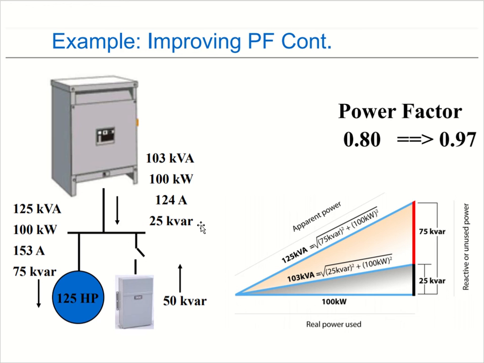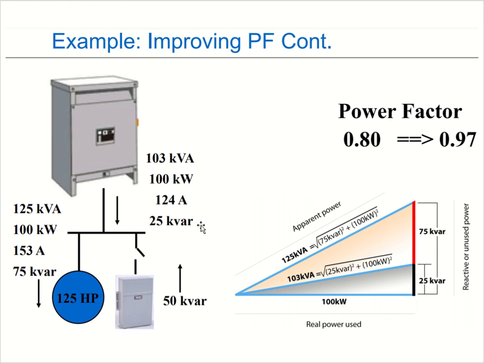Then you multiply square root of 3 times 480 times 124 times sine of 14.069.